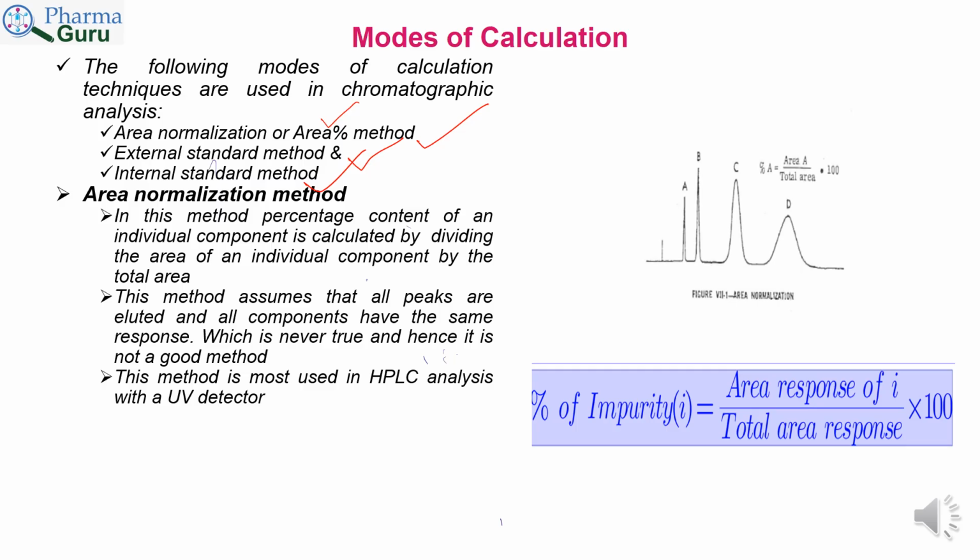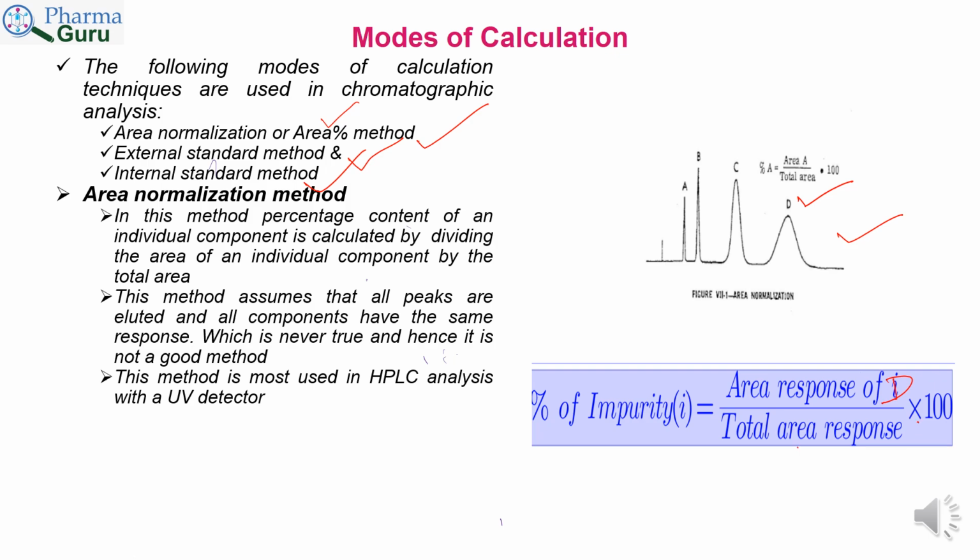In the area normalization method, the sample is prepared and injected as per the method and a chromatogram is generated. Suppose we have to calculate the percentage of D, then it will be calculated as area response of impurity D divided by total area into 100.